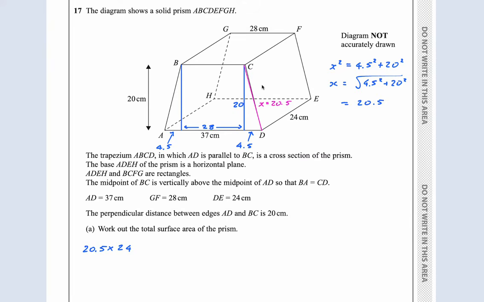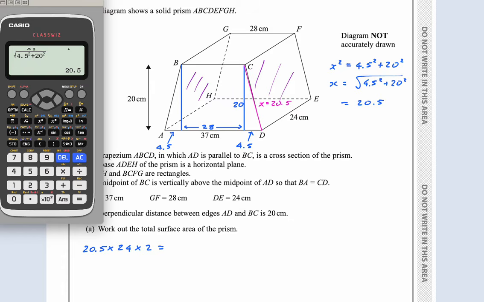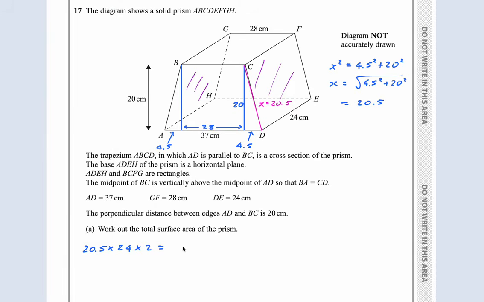So because it's symmetrical, this rectangle and this rectangle are the same, so I'm just going to multiply this by 2. That is this one and this one, this one and this one. That is 20.5 times 24 times 2.